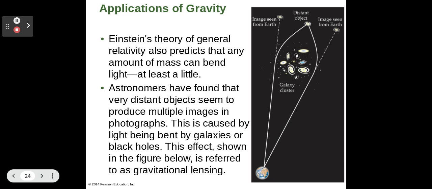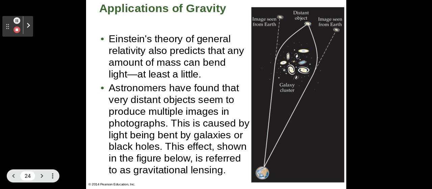Einstein's theory of relativity also predicts that any amount of mass can bend light. Light is energy, and so any amount of mass that something has can cause that light energy to bend. When that happens, sometimes if we take a picture of something that's a long way away, like a distant galaxy, you get lots of images on the photograph instead of just one, even though you know there's just one thing there.